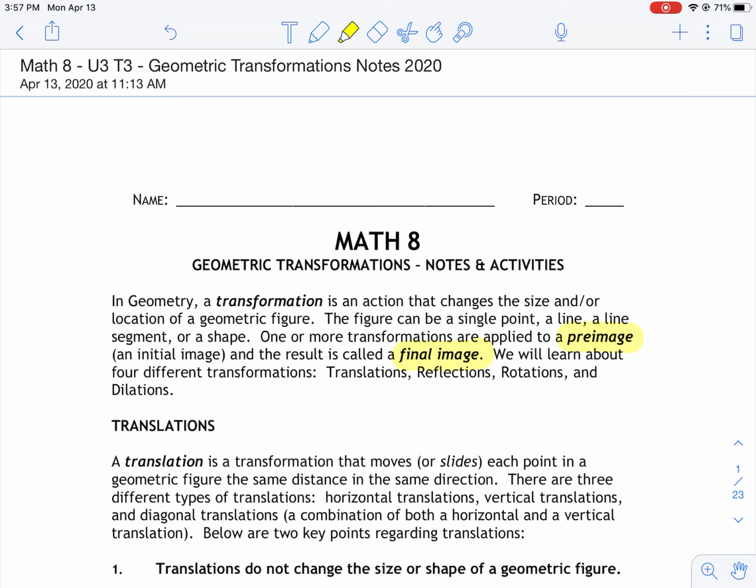Okay, and if we were in class, I would show you guys the applications for this are actually video game programming.